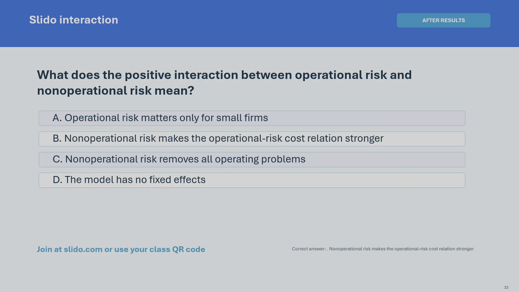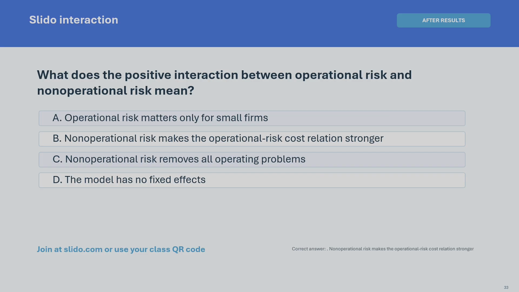A, B, C, D. If your answer is A, raise your hand. B, raise your hand. C, raise your hand. D, raise your hand. Right, correct. 100% saying B. That's the correct answer.